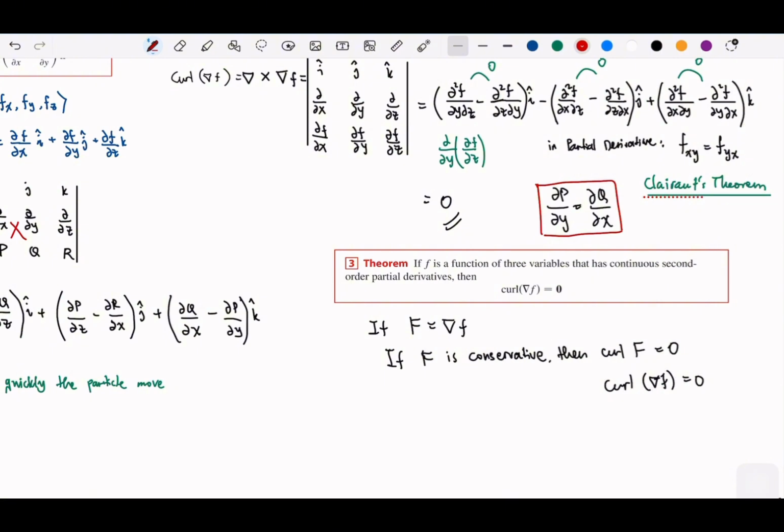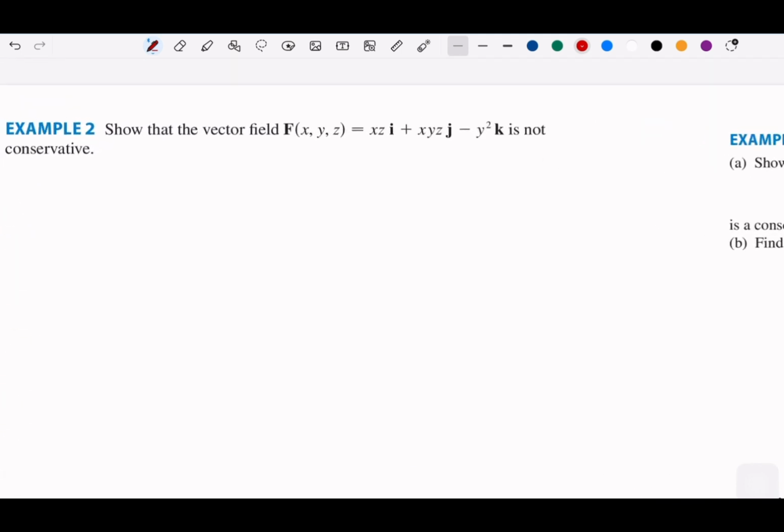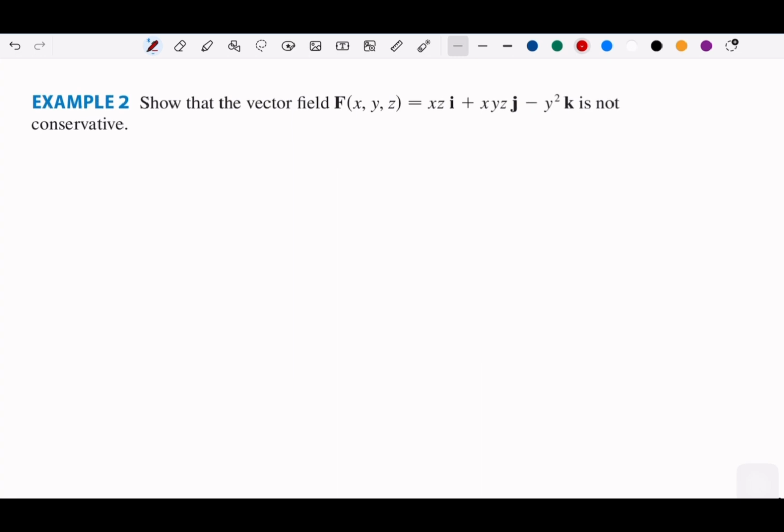So let me show another definition here, and it's still the same topic, conservativity. We have the vector field, and if we would like to check whether it's conservative or not, we could check the curl f, or the del cross f. If this is not 0, then this is not conservative.